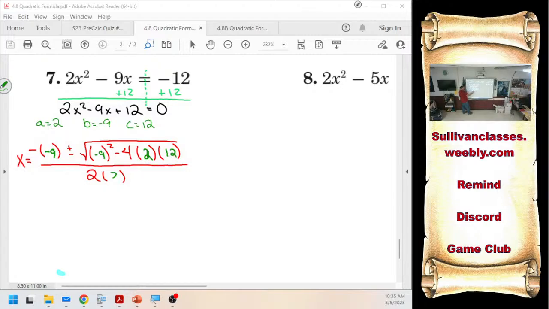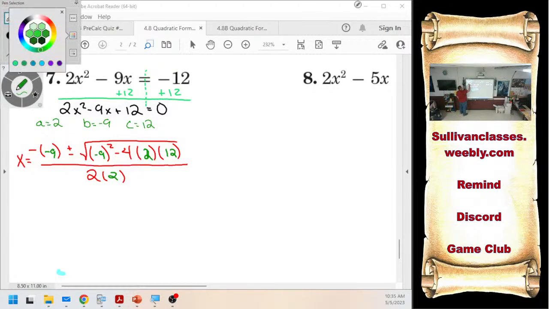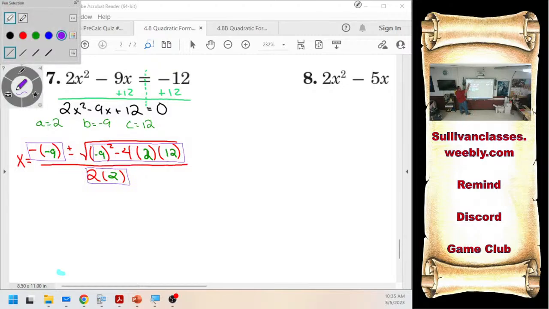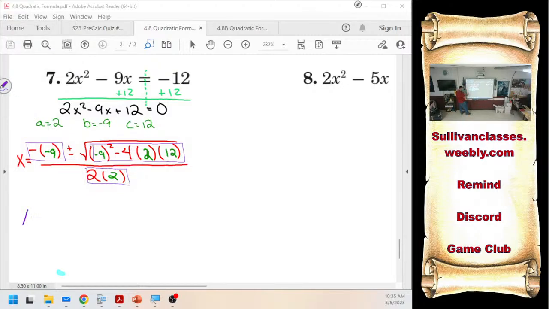And then A. Okay. Take the different pieces one at a time. I can do this at one time, this at one time, and this at one time. So, negative 9.